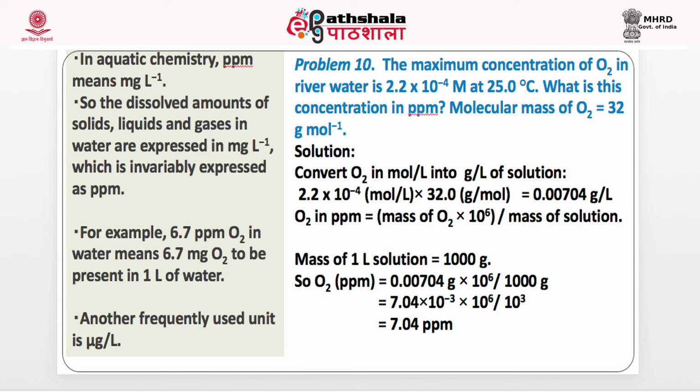So the dissolved amounts of solids, liquids or gases in water are expressed in this unit, which is invariably expressed as ppm. For example, 6.7 ppm O2 in water means 6.7 milligram O2 is dissolved in 1 liter of water. Remember, this dissolved oxygen in water is very important, whether river, sea water, lake water or pond water.